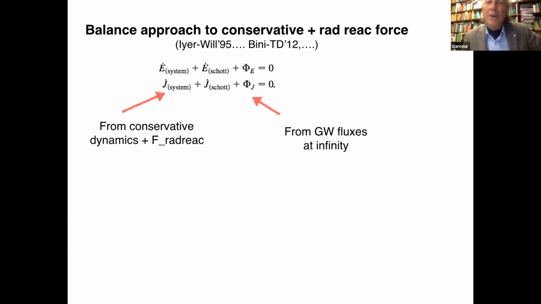Let me quickly say that other ways in the literature which are quite important in separating conservative and radiation reaction effects, especially as studied by Ayer and Will, but this was the long predecessors, is to write balance equations saying that if you have a conservative dynamics and you add to it a radiation reaction force, this means that the energy, angular momentum, and other conserved quantities of the binary system will be damped because of the radiation reaction force, and you want to equate the losses of mechanical energy and angular momentum of the system to the fluxes via gravitational waves at infinity of energy and angular momentum, modulo some so-called short terms.